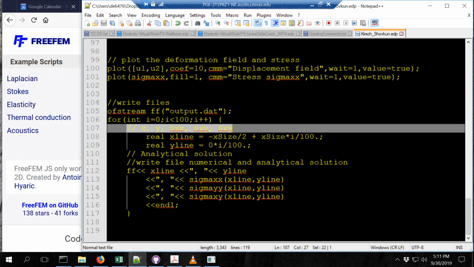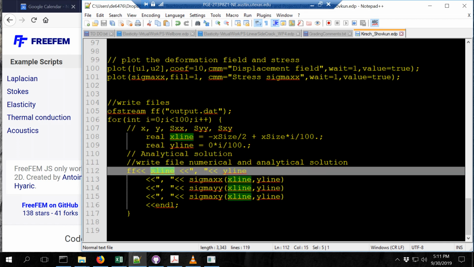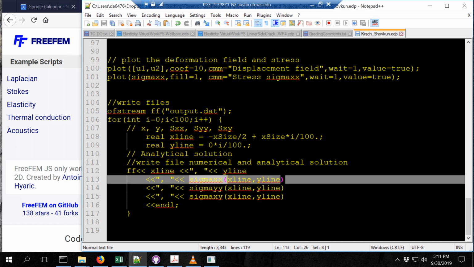So for those two coordinates, x and y, I'm telling the software to export: first x, put the comma, then y, put the comma, then sigma xx at position xy, sigma yy at position xy, and sigma xy at position xy.